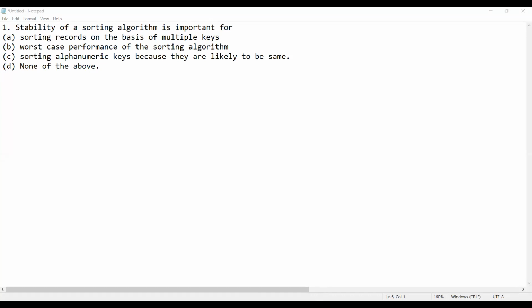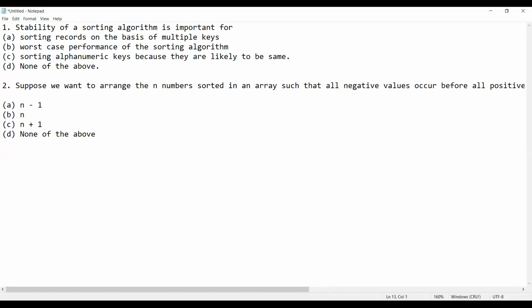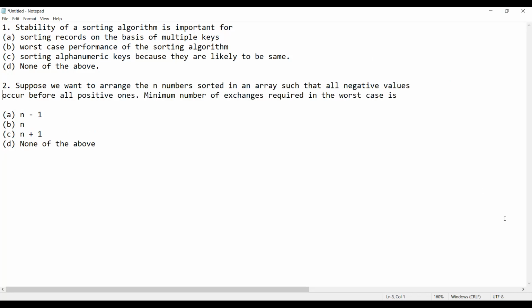Now in the next MCQ problem, I write down question number 2. In this case, the correct option is option A, that is n minus 1.